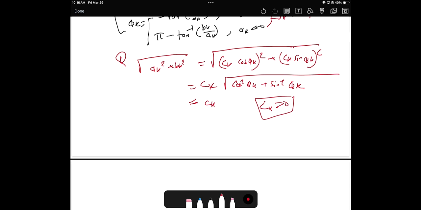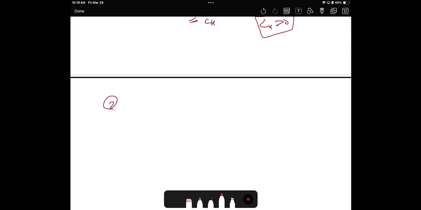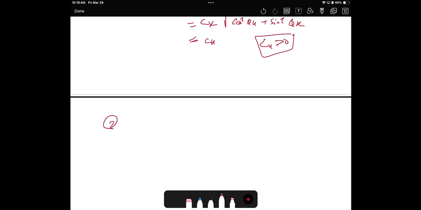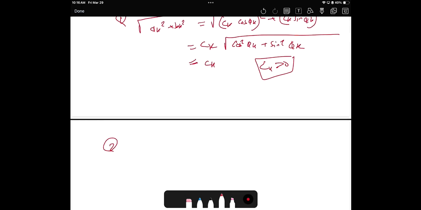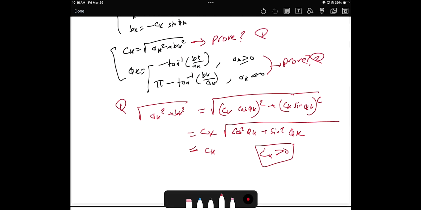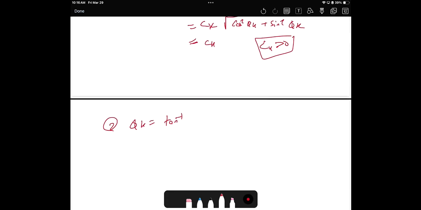The second one, which is basically phi_k equals the tan inverse of negative b_k over a_k. So let's think about it.